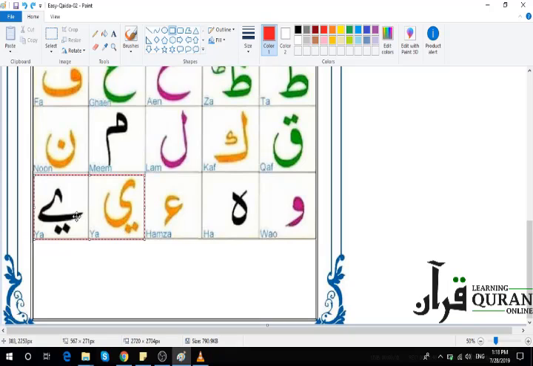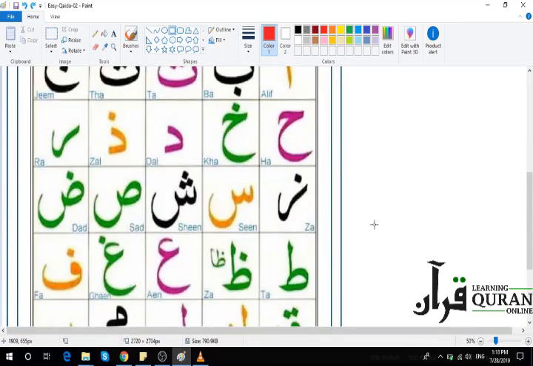So there are two shapes of the letter at the end. Both letters' names are the same, and both have two dots at the bottom, but the shape is different. Sometimes you will see the first Ya in the Quran, and sometimes you will see the second Ya.